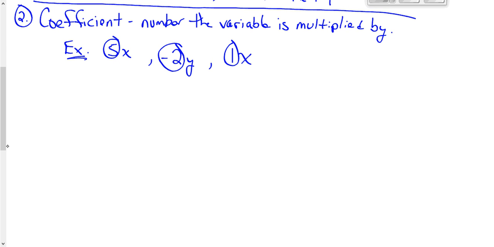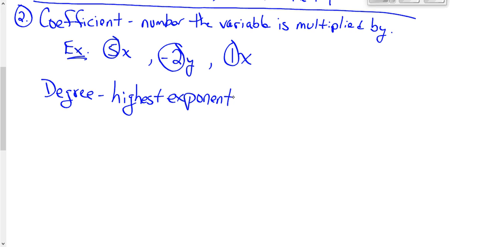Let's talk about the degree of a polynomial. The degree of a polynomial is just the highest exponent in the polynomial. Degree, D-E-G-R-E-E. Highest exponent in the polynomial.